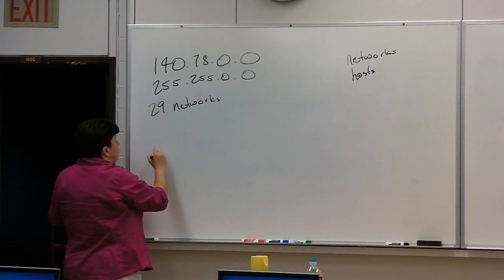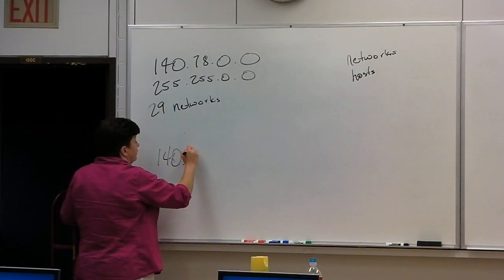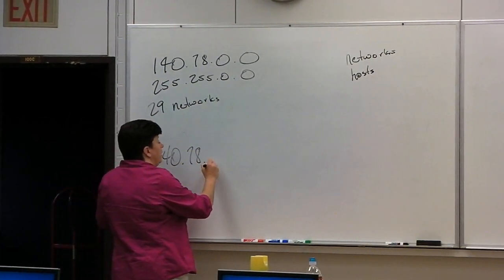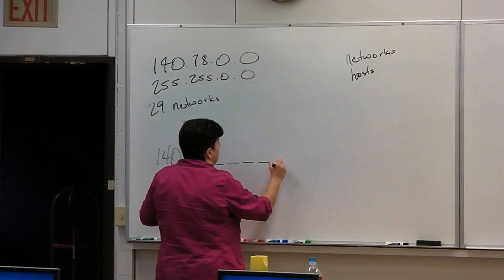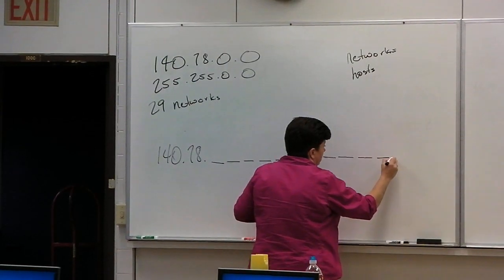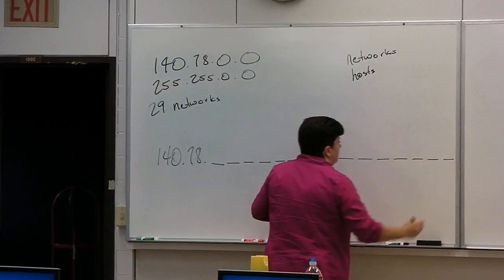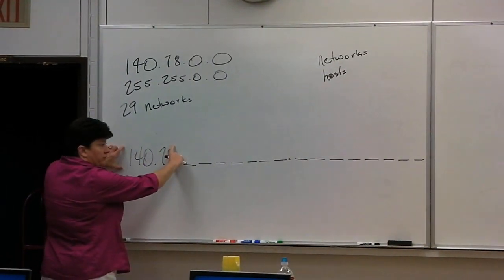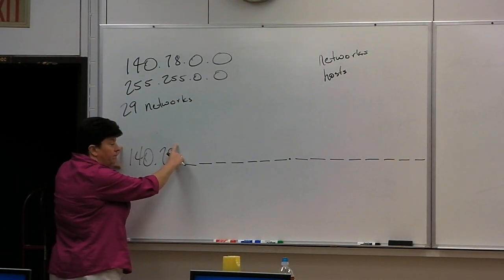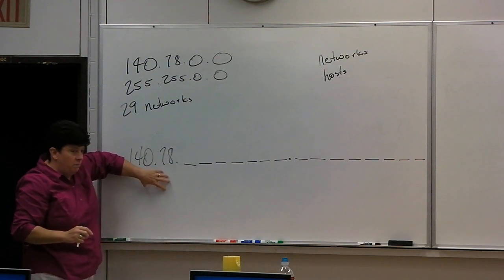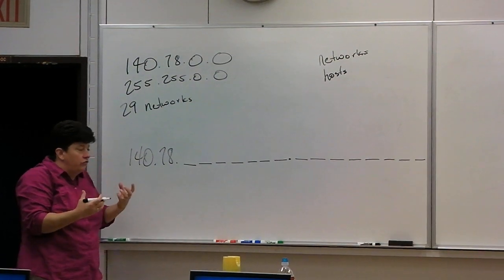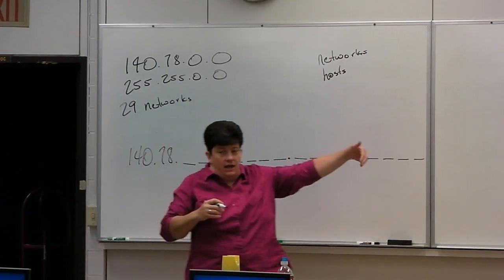So start off, put down the address that you were given. I bought this. It's 140.78. That's mine. But because this is my network portion, I don't want to change what my network is known as outside.